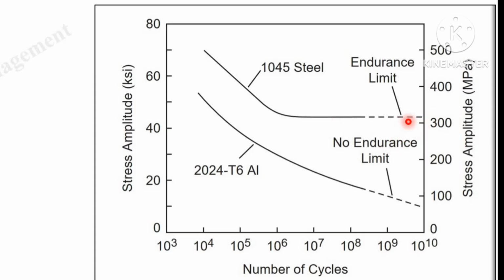It means that if the shaft is subjected to cyclic stress, or fatigue stress, of 320 megapascal or less than this, it will theoretically never fail for the number of cycles due to the fatigue load.